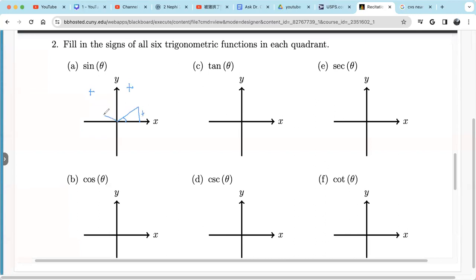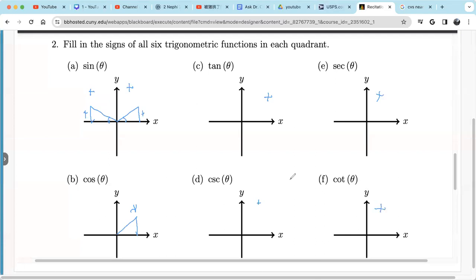Think about the triangle here, where the angle is here. Opposite over hypotenuse, the opposite is positive. That's why sine is positive in the first and second quadrants. Now let's say B. In the first quadrant, everyone is positive. So we just put the first quadrant as positive for everyone.